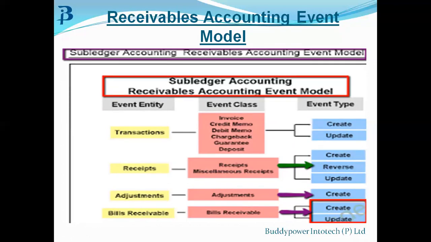But does that mean that signing a contract is not a business event? That doesn't mean that, right? It doesn't have an accounting impact and therefore is not recorded as an accounting event. So you can modify the accounting setup to create accounting for some events and not for other events.